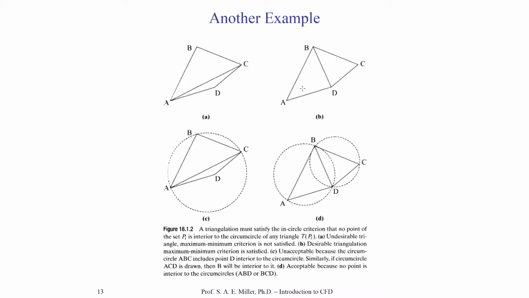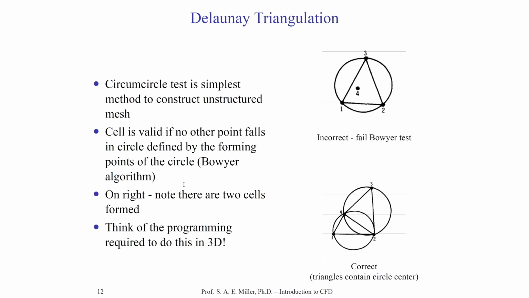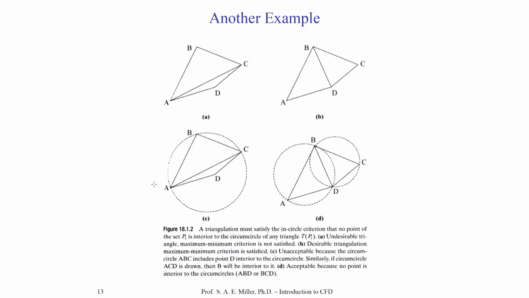How do we do this automatically for millions, if not hundreds of millions of grid points? Well, there should be an algorithm. And of course, this is the algorithm which we discussed, which is the Bowyer test. In the lower left, we would construct the outer circle, which contains A, B, C. It contains all the elements within the mesh.